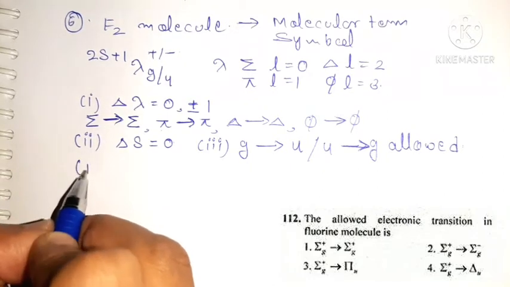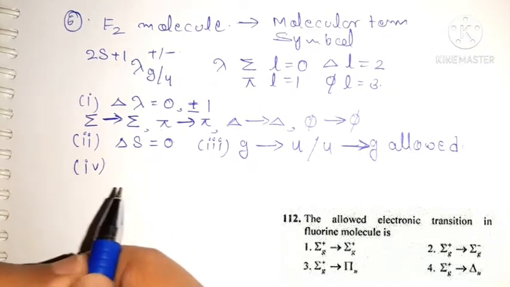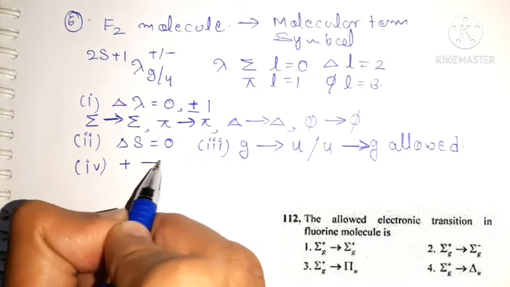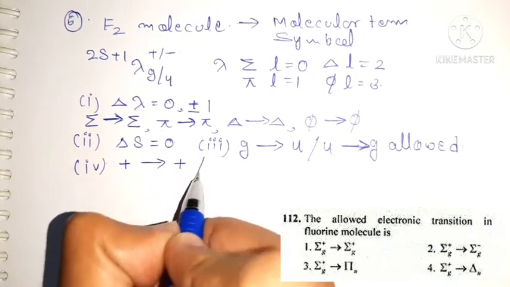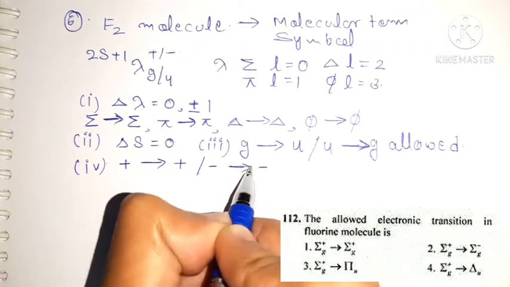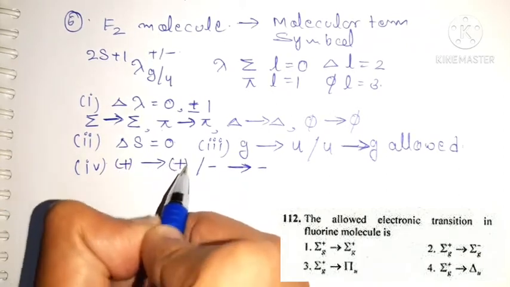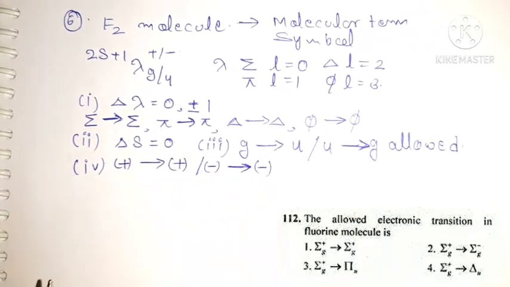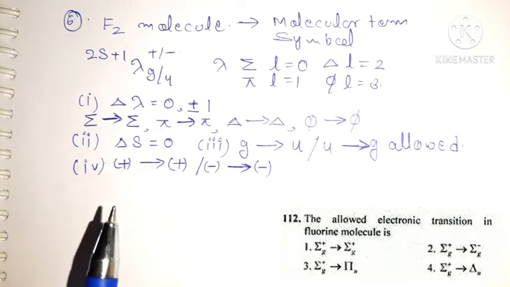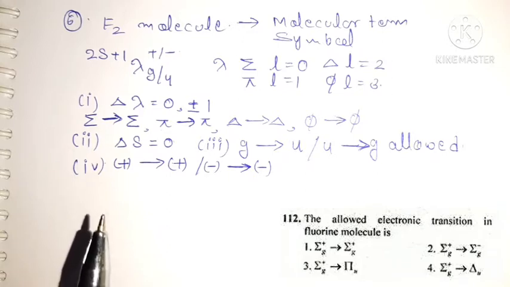Okay. And the fourth rule says that plus to plus are allowed and minus to minus are allowed. Plus to minus are forbidden and minus to plus are forbidden transitions. So these are the selection rules for your molecular term symbol.